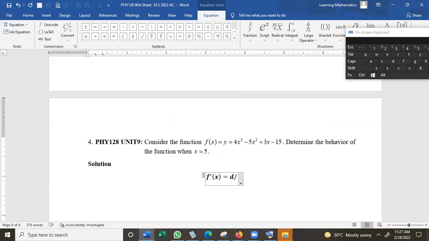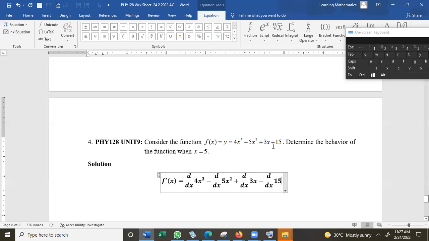Really and truly, the differential of that piece would be the differential of this entire function, because this is a sum function. It would be d dx of 4x raised to the power of 3 minus d dx of 5x raised to the power of 2 plus d dx of 3x minus d dx of 15.